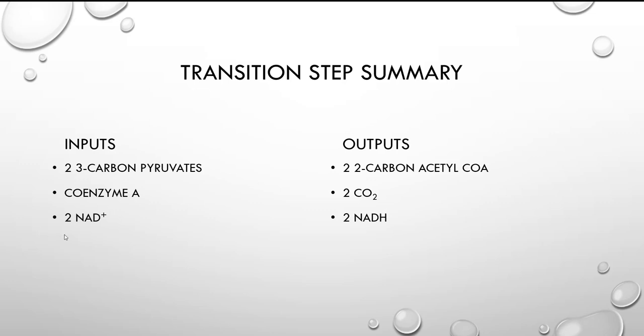And the electrons that get stripped in the process get added to our NAD plus to form NADH. So we have 2 NADH from that process. So these are the outputs of our transition step. Now we're going to take that 2-carbon acetyl-CoA into the Krebs cycle.